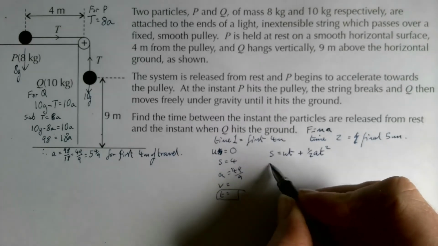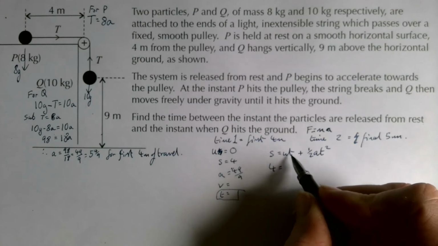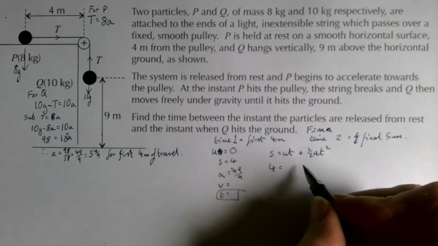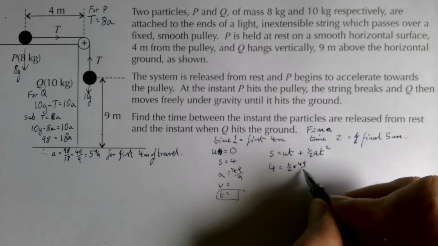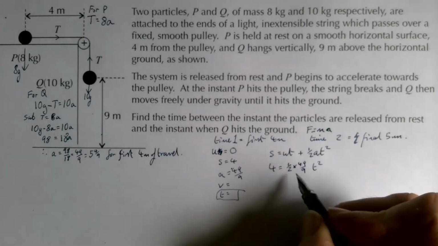We can fill in 4 for our S, U times the time. Well, we don't know what the time is, but if we're timesing it by 0, that'll be 0. So it's just going to equal a half times 49 over 9 T squared, whatever that is.